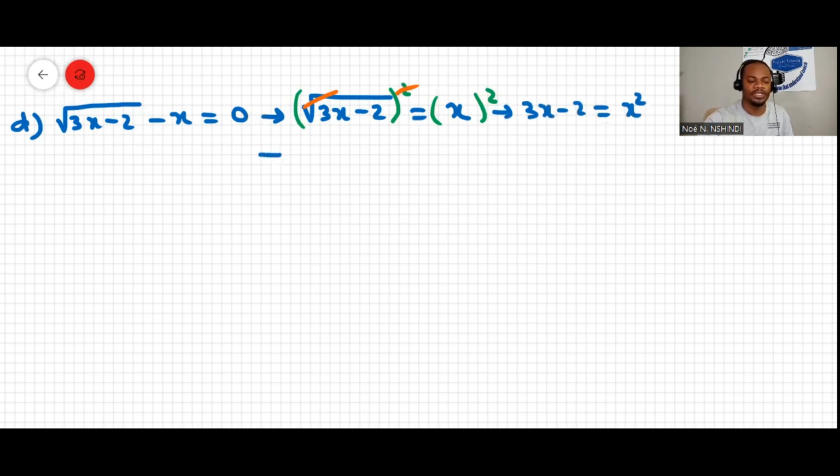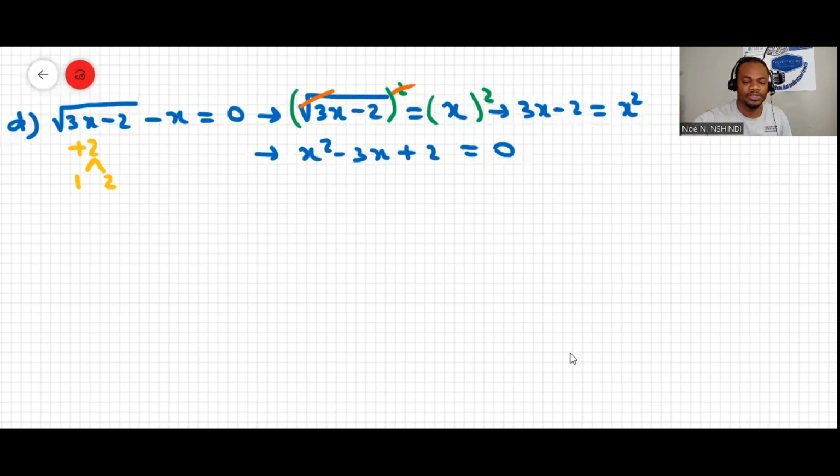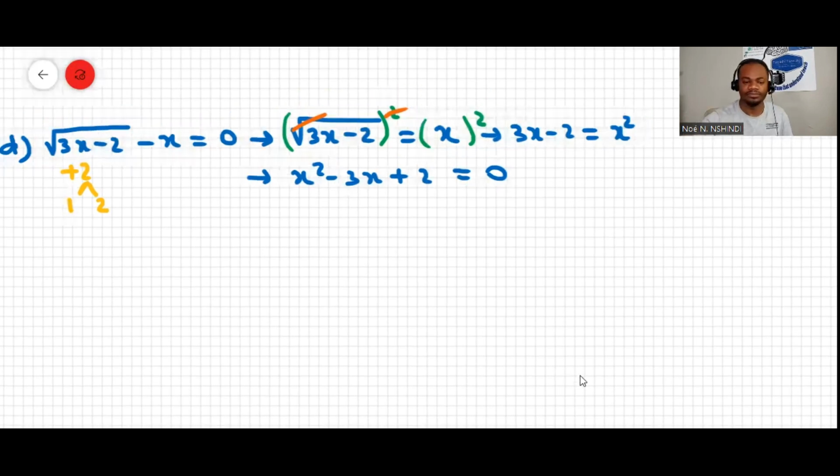So we can move whatever is on the left to the right, and then write x squared minus 3x plus 2 equal to 0. Now, the last term is positive 2, and the factors of 2 are 1 and 2. Then we can solve this by factorization. If we write x there and x there equal to 0, the factors to get -3 are only -1 and -2.